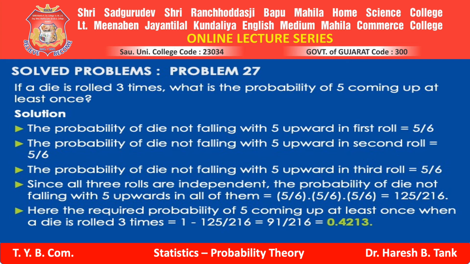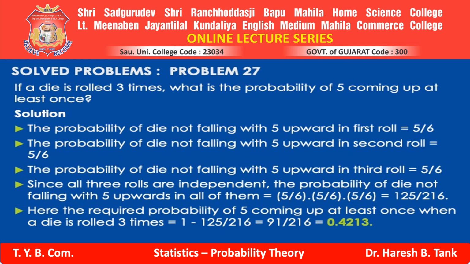If a die is rolled 3 times, what is the probability of 5 coming up at least once? Let us see. The probability of the die not falling with 5 upward in the first roll is 5 by 6. In the second roll, again it would be 5 by 6. In the third roll, again it would be 5 by 6.